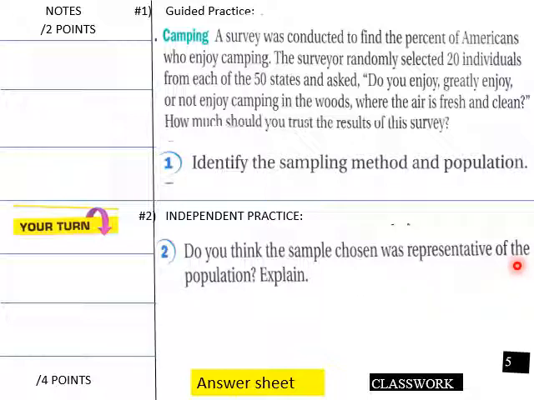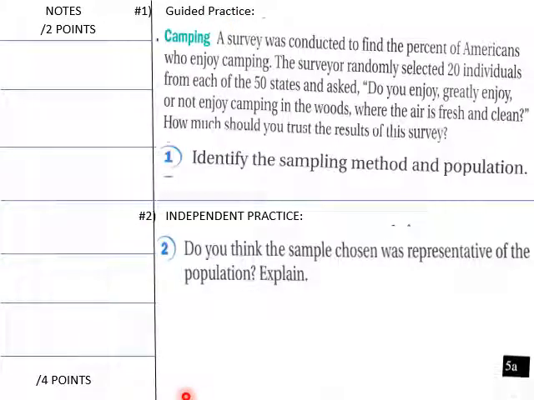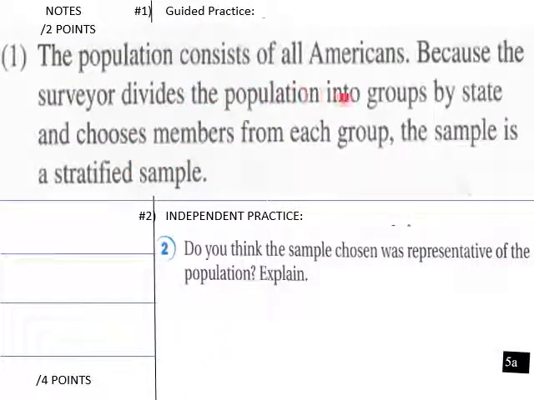Do you think the sample chosen was representative of the population? Explain. So our guided practice solution would be: the population consists of all Americans. Because the surveyor divides the population into groups by state and chooses members from each group, the sample is a stratified sample for sure. Students, this is yours.